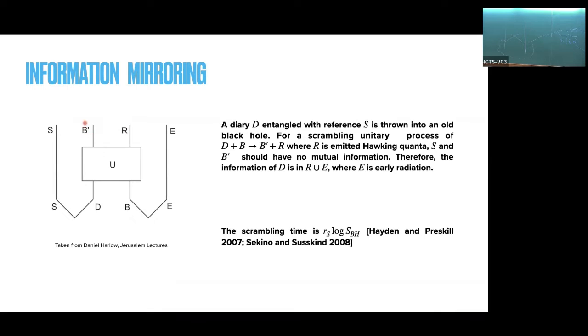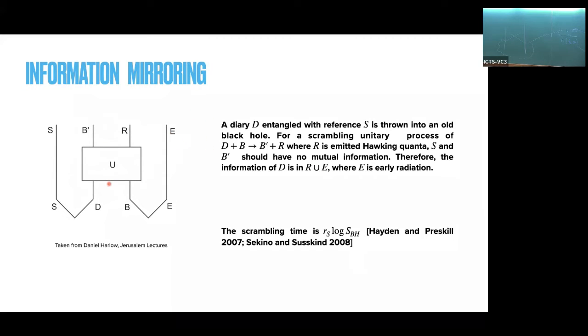So you can argue, using the same kind of quantum statistics argument that Page gave, that if the unitary is sufficiently random, there is no mutual information between R and S. The mutual information between R and S is 0, because R is a very small system, and the unitary has basically scrambled all the information in D in the whole thing. But all the information should now be in R union E, because information is not lost.